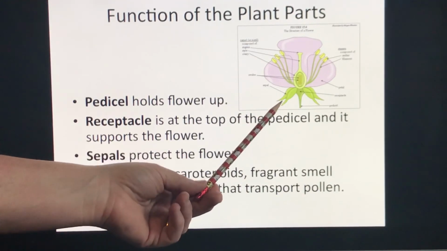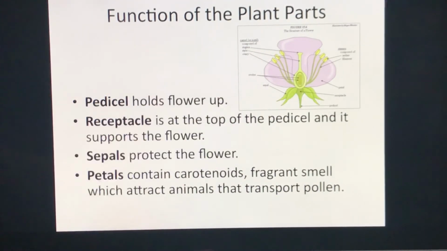When the flower is first immature, those sepals are wrapped up around it. And then we have the petals, which may contain carotenoids, which produce a fragrant smell that attracts animals. And then the animals eventually can transport the pollen that you'd find on the anther to other flowers.